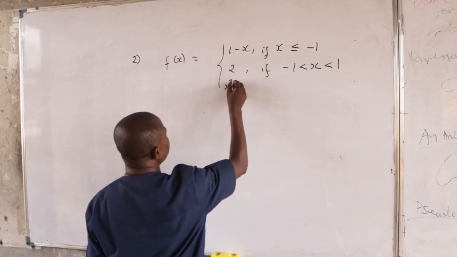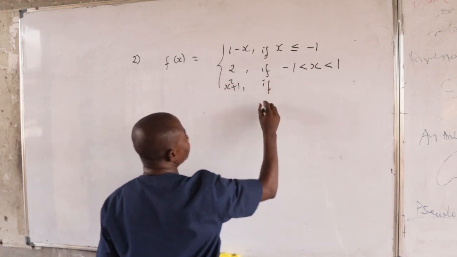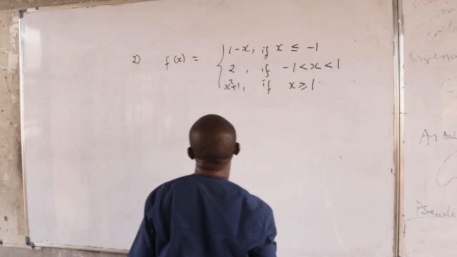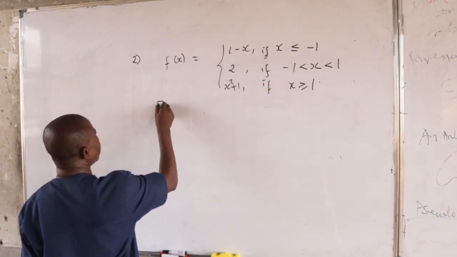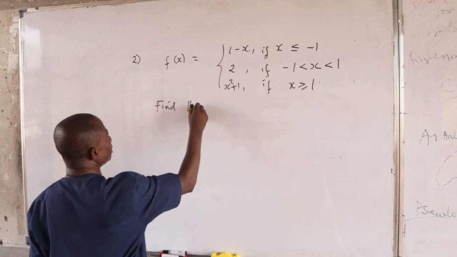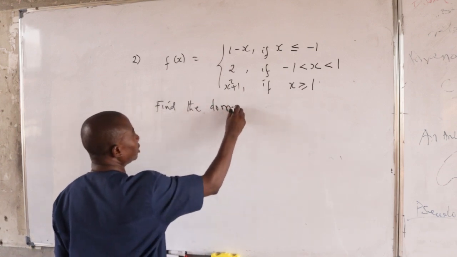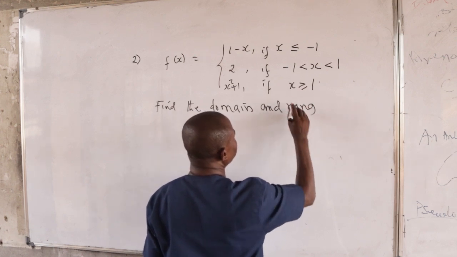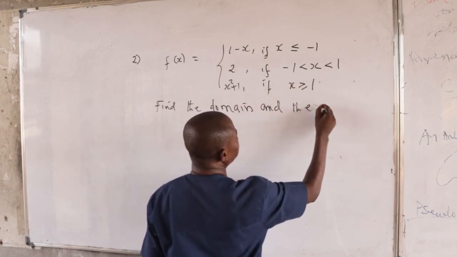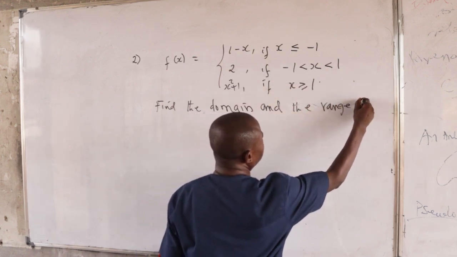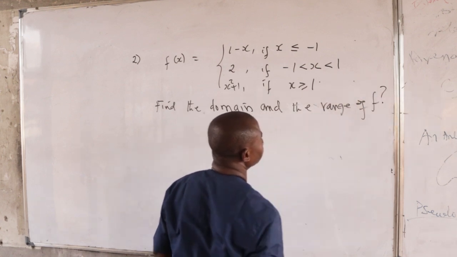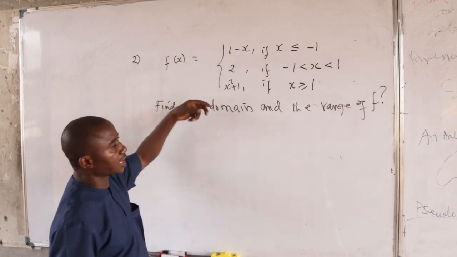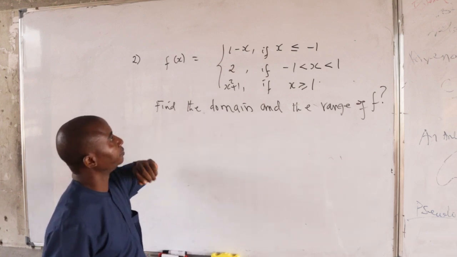And I take it to be x squared plus 1 if x is bigger than or equal to 1. The question is, find the domain and the range of f. That's our goal, to get the domain of this function and get the range of the same function.